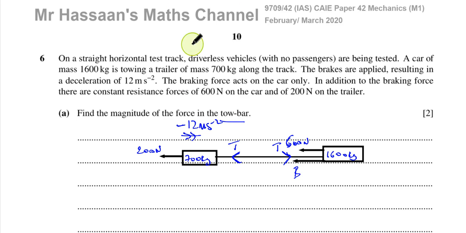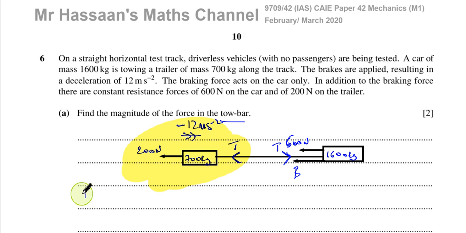So I'm going to now just focus alone on the trailer, as if I'm ignoring what's happening over here, but it's not really ignoring it, because what's happening in this part of the system affects the thrust. If, for example, the mass was different, if the braking force was different, if the resistance was different here, that would affect the value of the thrust. So you're not really ignoring it, you're just isolating one part of it, so we can focus on the forces acting on that particle alone.